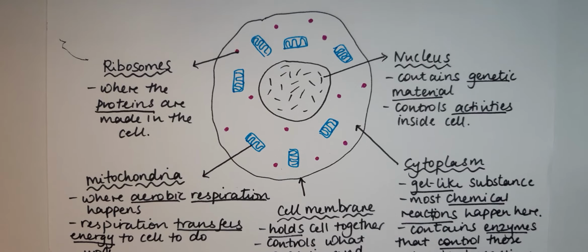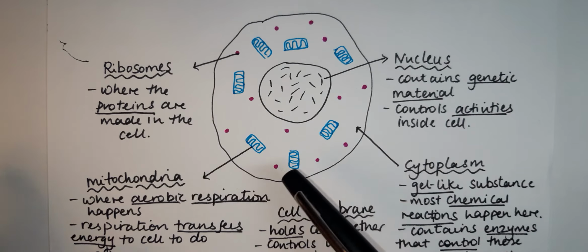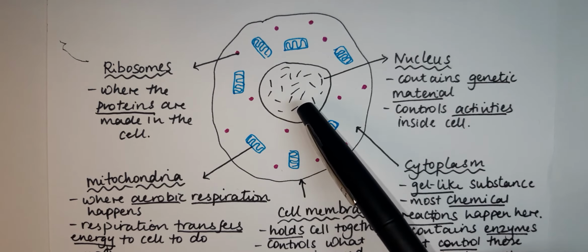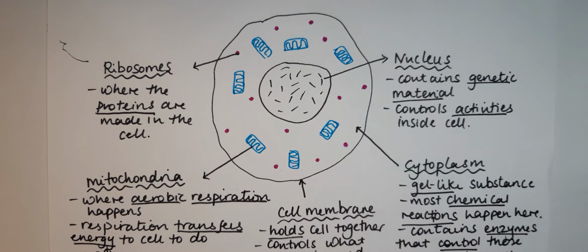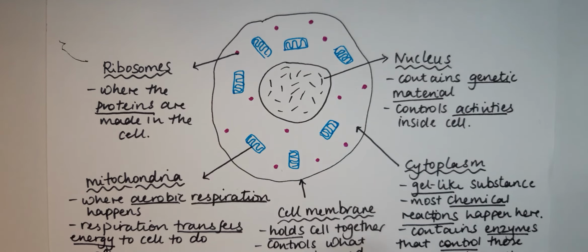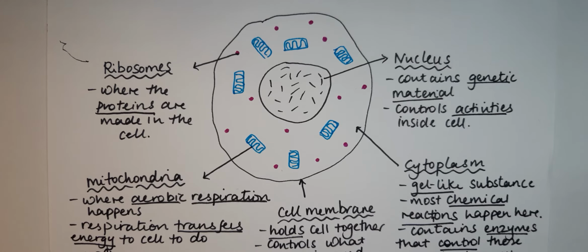And there we have just a picture of it. Notice how the nucleus is not really in the center, and everything is scattered around it. Also, this animal cell is not completely circular, so just note that as well.